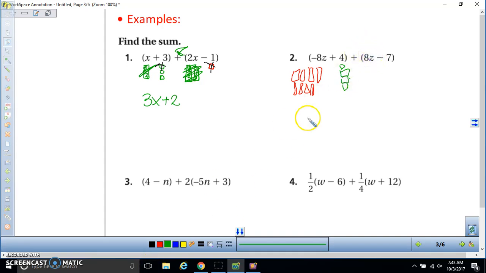We have positive 8, 1, 2, 3, 4, 5, 6, 7, 8, and we have negative 7 small ones. 1, 2, 3, 4, 5, 6, 7.